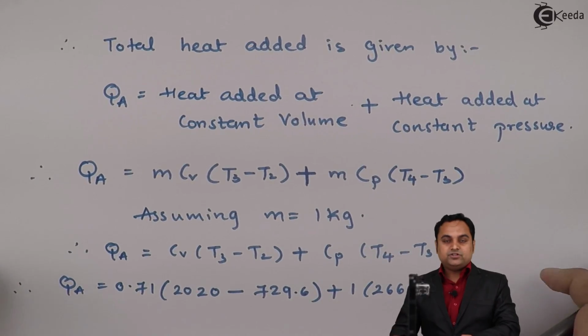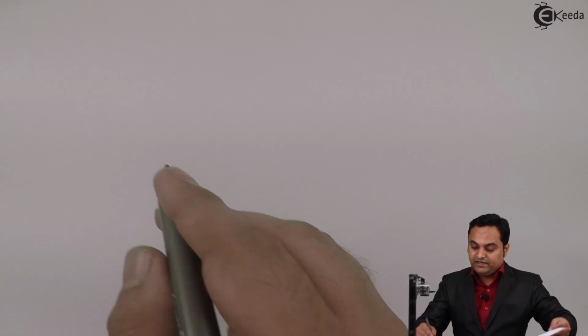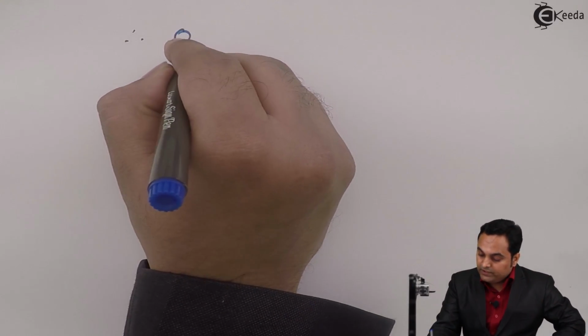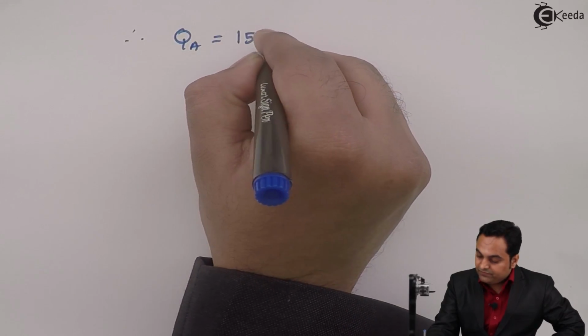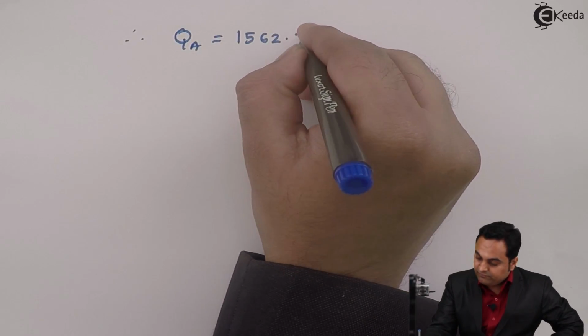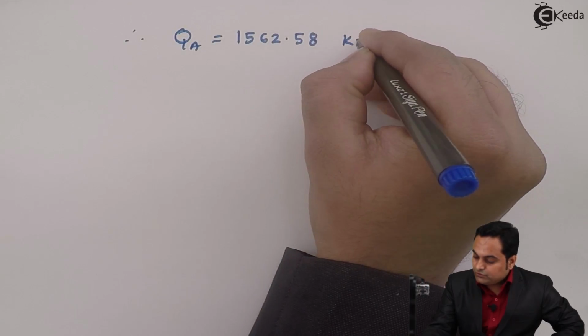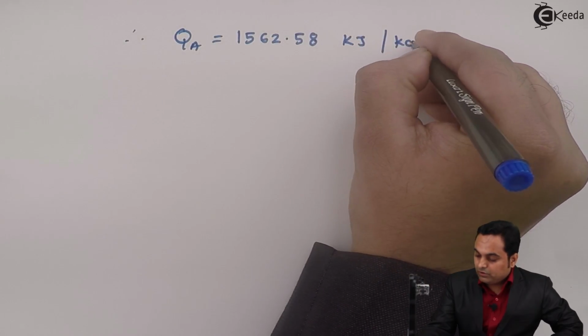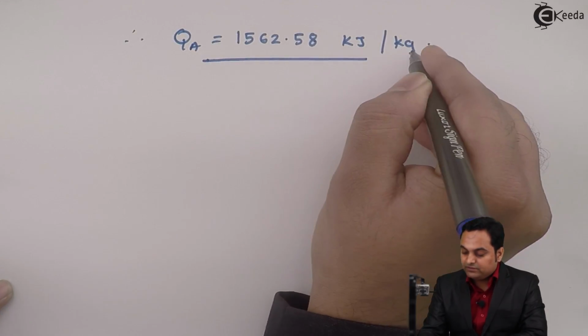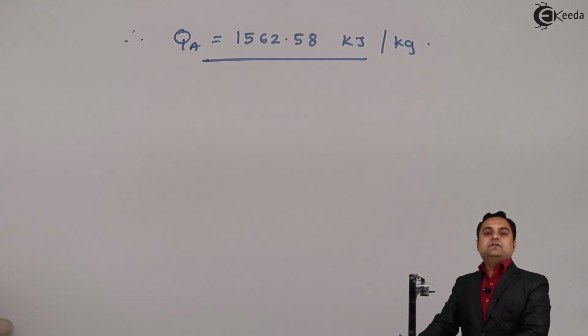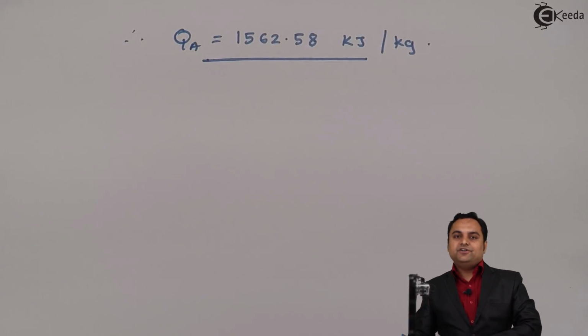So on calculation, I'll get the heat added as QA is equal to 1562.58 kilojoule per kg, because we are getting the heat added in terms of per kg basis, as the mass is 1 kg which we have assumed.